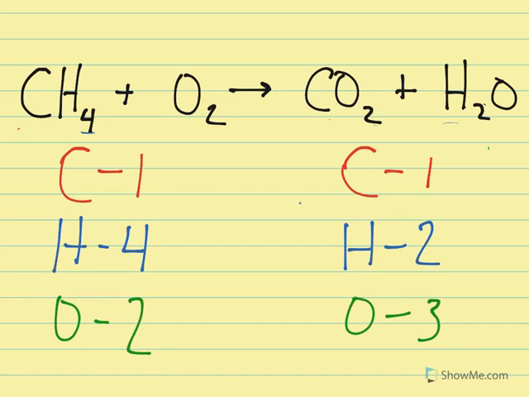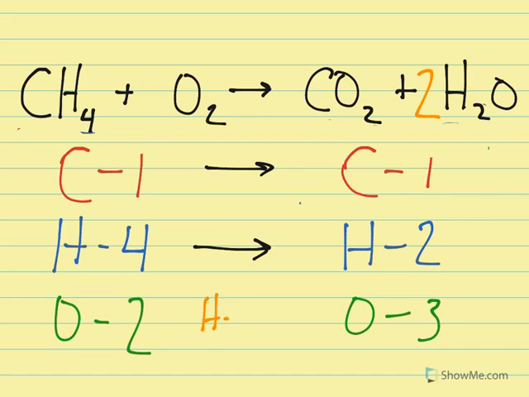So for example, my carbons are good. They're balanced, 1 and 1. But I have 4 hydrogens that go in on the left and only 2 come out. The only way to balance this is to put what's called a coefficient of 2 in front of this water. What this means is now, instead of producing just 1 molecule of H2O, you're producing 2 molecules of H2O.